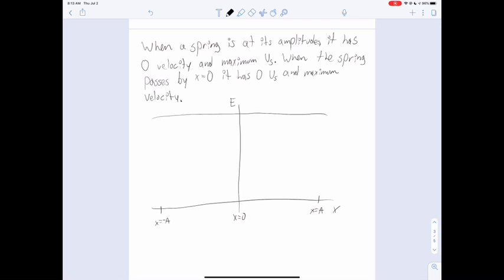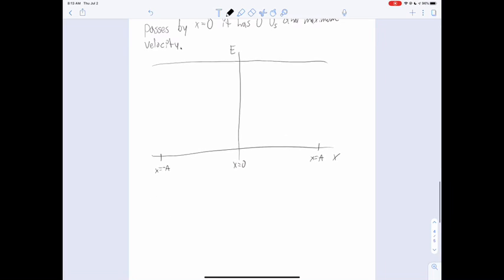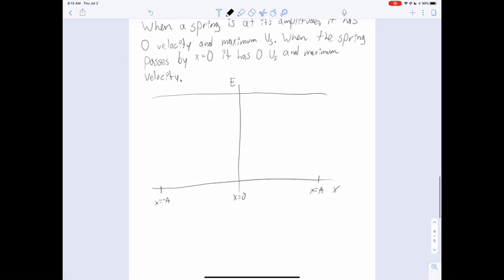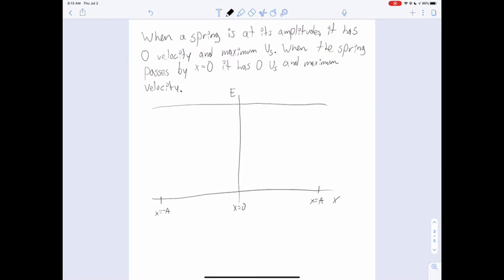So we already know where to plot 2 points of our graph. Where x is equal to negative a and x is equal to a, elastic potential is at its maximum. And that means that kinetic energy is zero because velocity is zero. So elastic potential has to equal the total mechanical energy at that point.